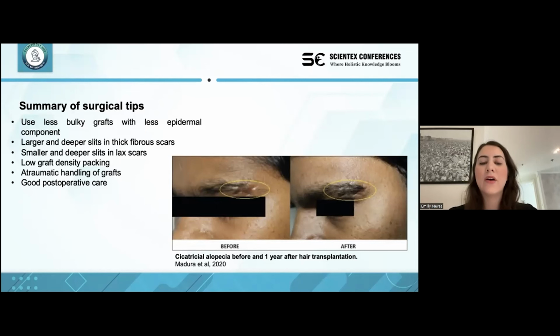Atraumatic handling of grafts is important because we don't want to induce a Koebner phenomenon. And we must promote good post-operative care regarding the alopecia as well, and maintain its treatment after the surgery. Here we can see a cicatricial alopecia before and after hair transplantation in the eyebrow with a good result.